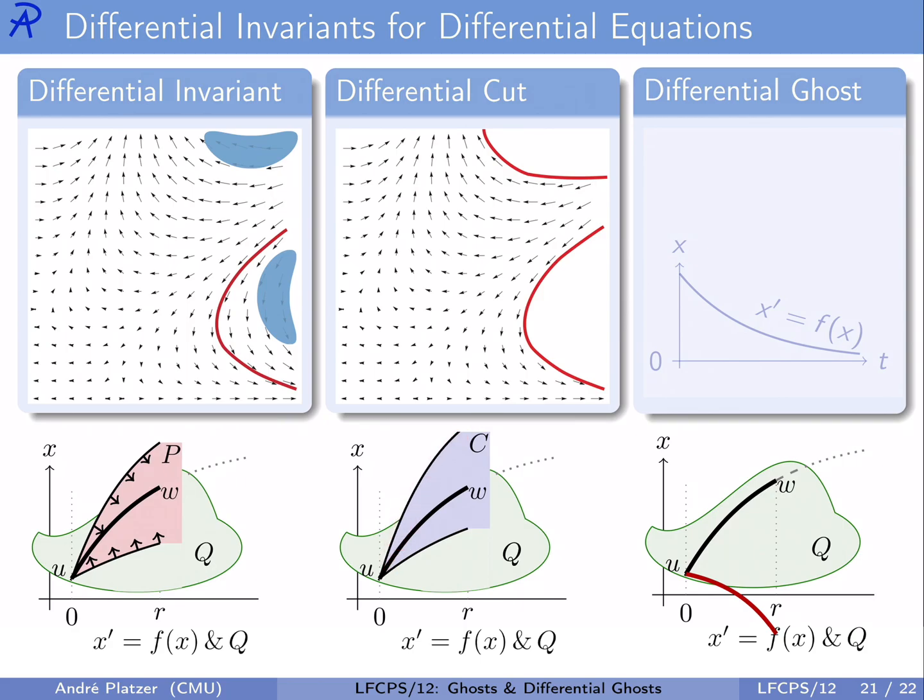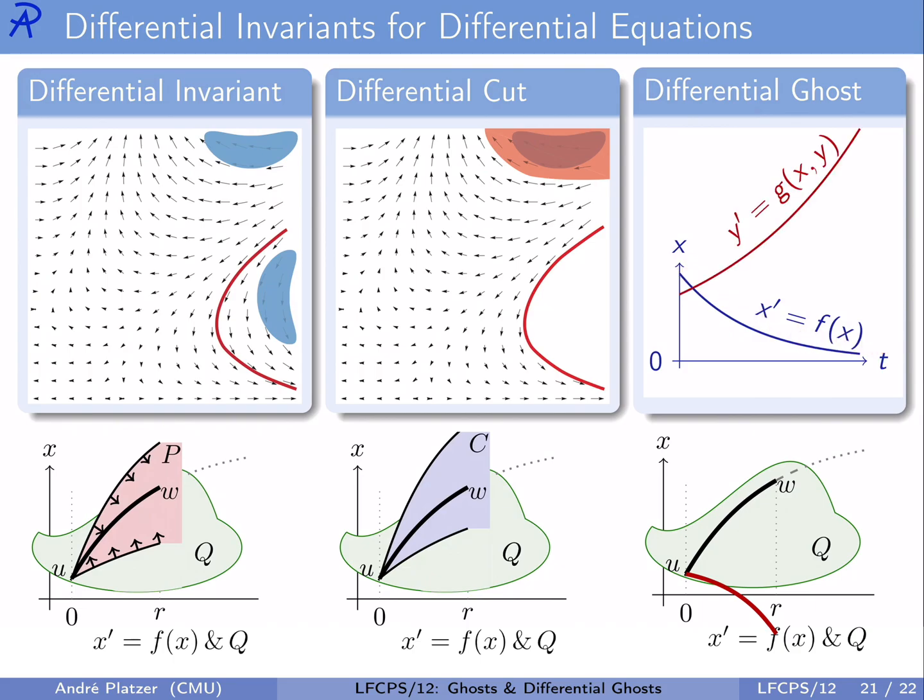And the new differential ghost principle says that sometimes when proving a property of a differential equation, it can be helpful to dream up a new differential equation arbitrarily out of thin air. Just make up a new differential equation y' equals g(x,y), linear in the new variable to make sure its solutions exist for long enough. And if we do that in a clever way, for example, substitute ghosts tell us how, then we can make sure that the new augmented system of the old and the new variables satisfies an invariant that is easily provable.